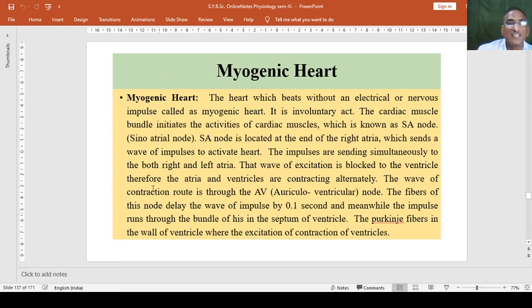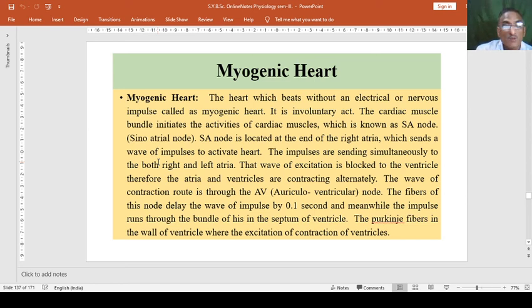Myogenic heart means the generation of heart activity is carried out by myo, or muscles, and neurogenic means the activity of the heart is regulated or controlled by nerves. In the myogenic heart, the heart muscles are so strong that they are able to beat or pump the blood throughout the body.